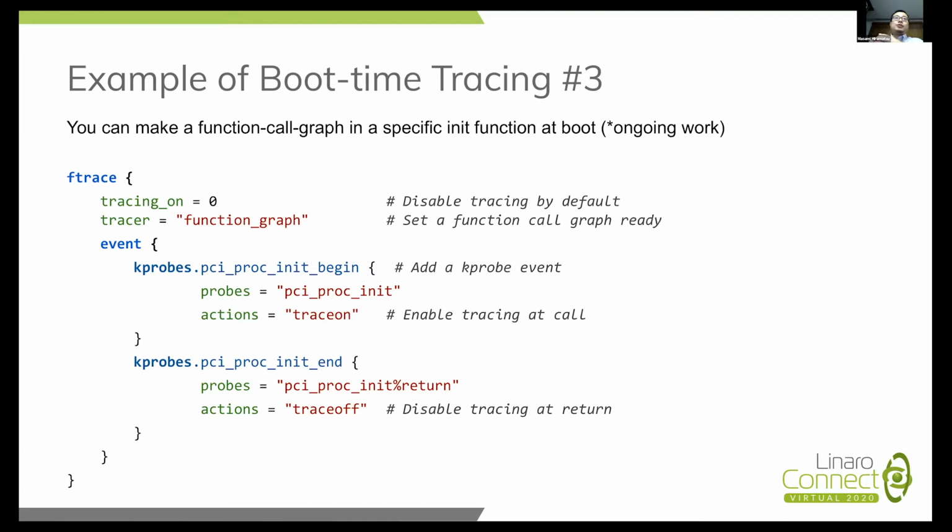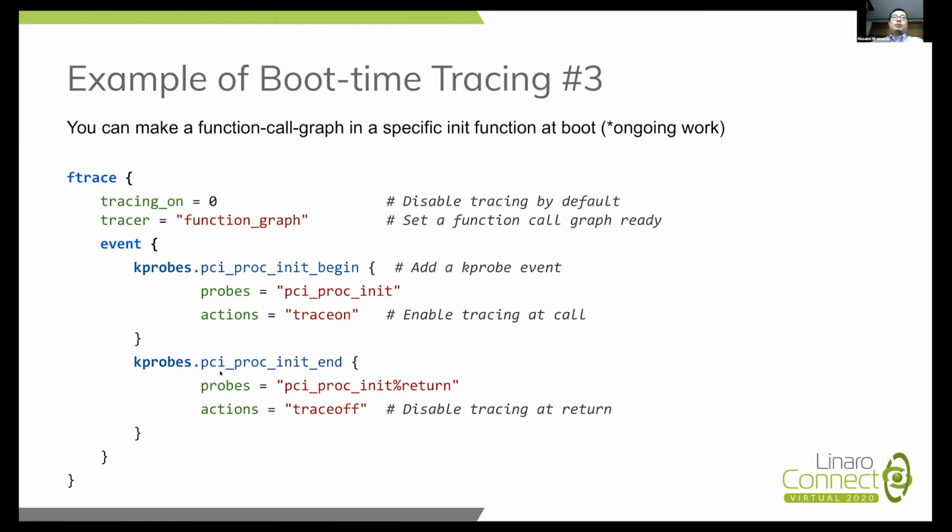And another use case is here. It's actually ongoing work, but you can make a function call graph in a specific init function at boot. With kprobes, we put one kprobe at, for example, the entry of the pci_proc_init function, and turn tracing on.